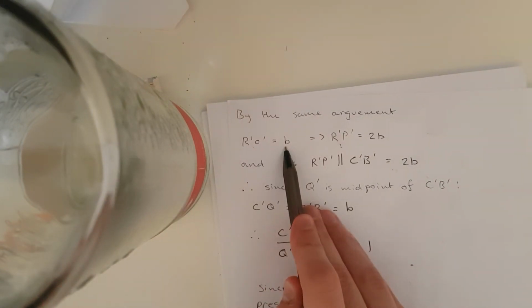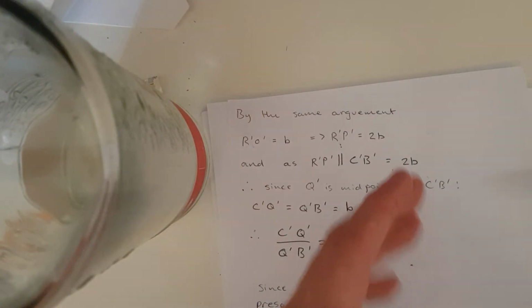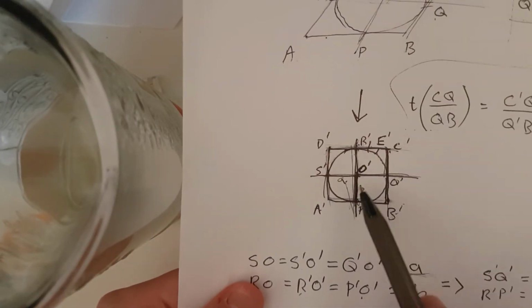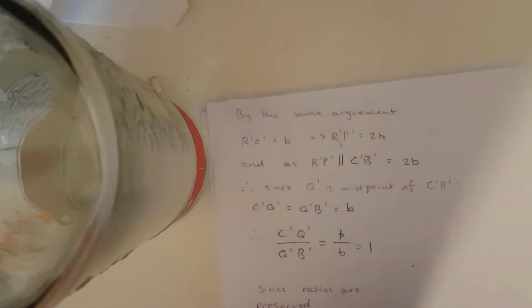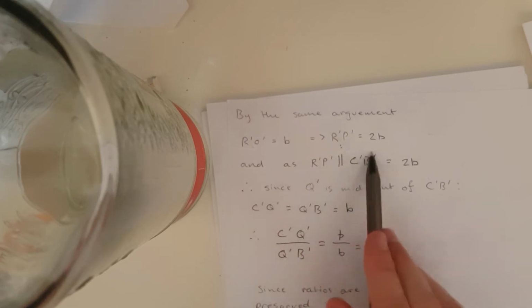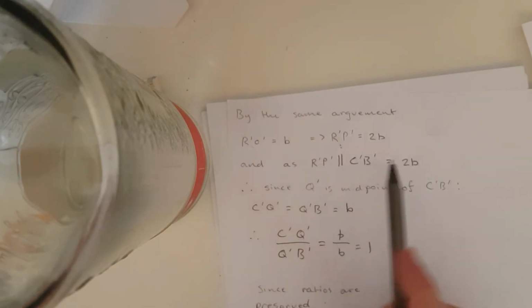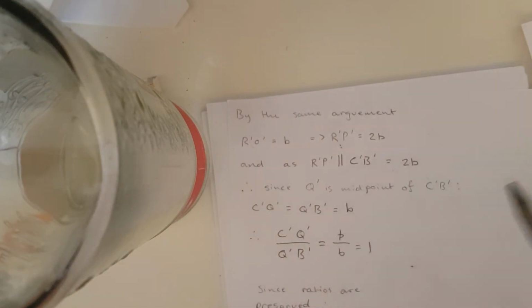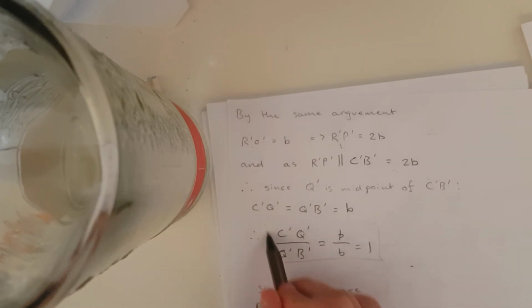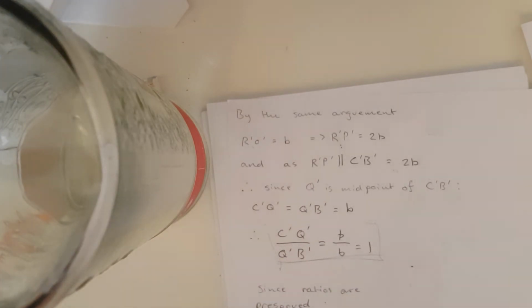R naught equals B, so RP will equal 2B. And as RP is parallel to CB, similar to the A argument, that will equal 2B, which leads to this ratio, similar to the A, equaling 1.